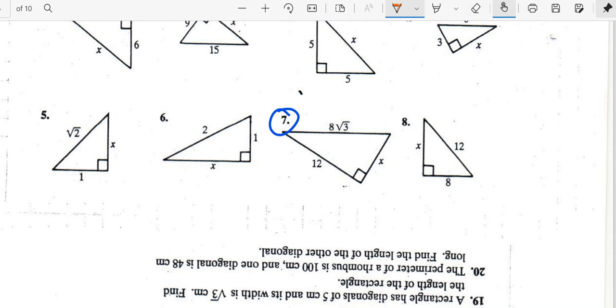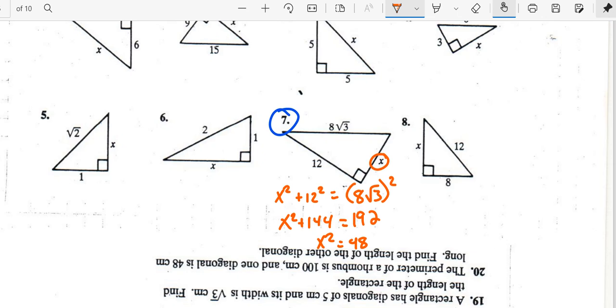So using the Pythagorean Theorem, this is either A or B, one of the legs. So x squared plus 12 squared equals 8 root 3 squared. This is x squared, this is 144. This is going to end up being 64 times 3, which is 192. Subtract the 144. I get x squared equals 48. Square root of 48 is 6.9.